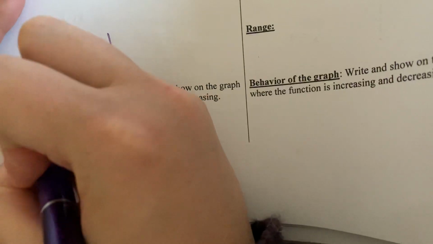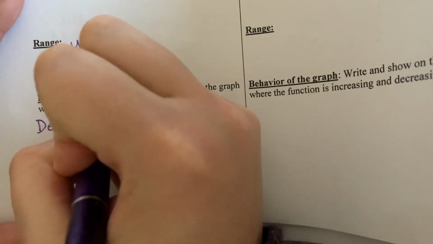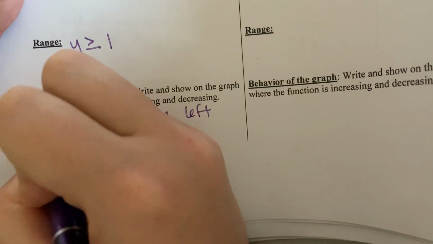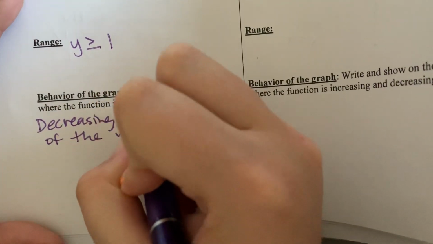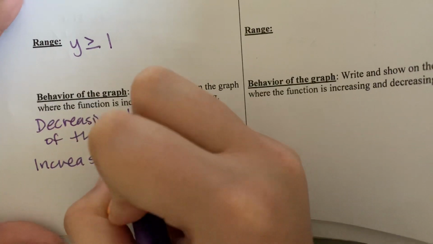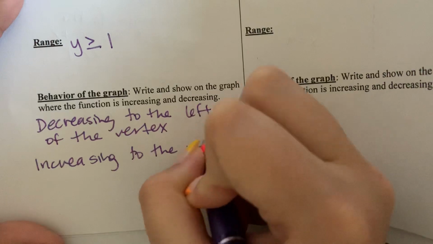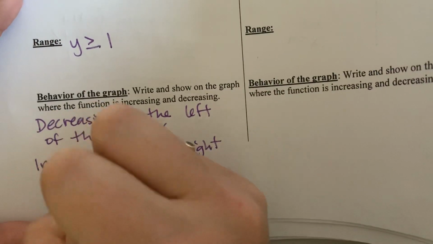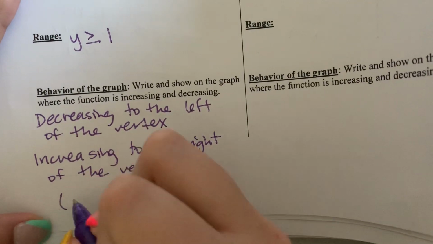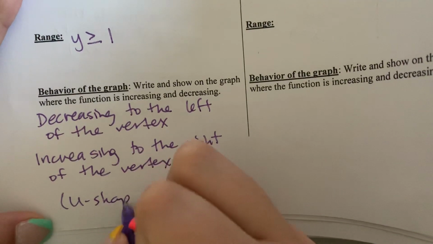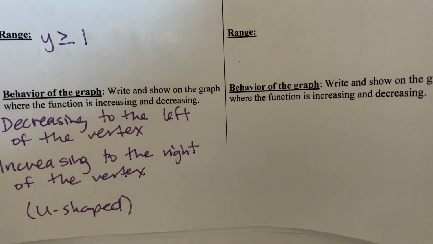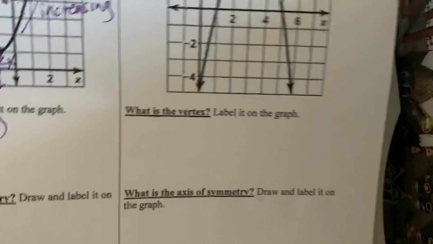So we are decreasing to the left of the vertex, and we are increasing to the right of the vertex. And that'll always be the way to describe it when we are U-shaped. That's not a technical word, by the way. I just call it that.